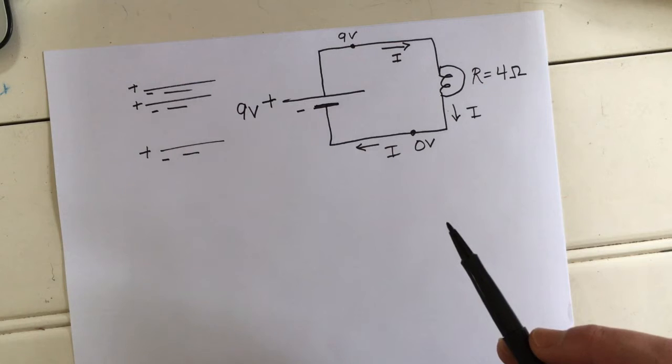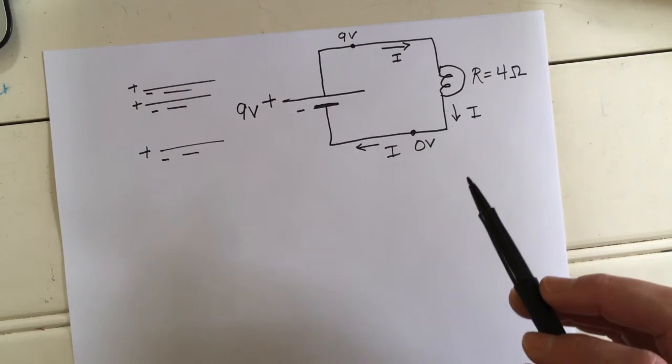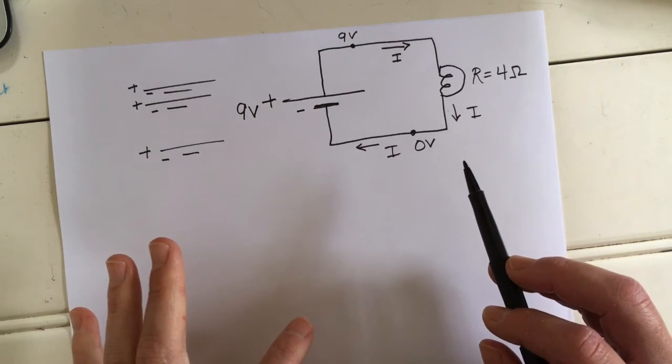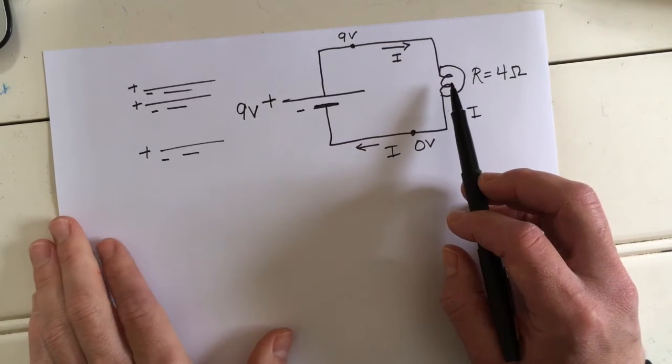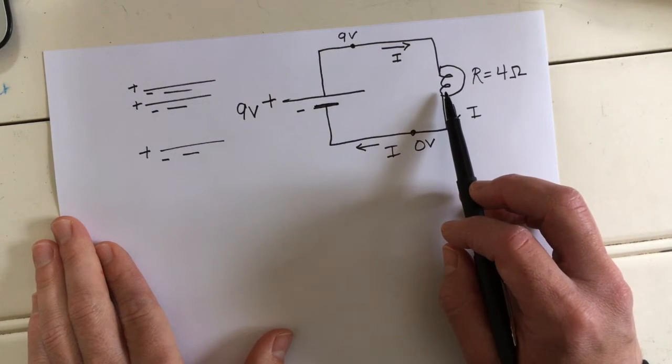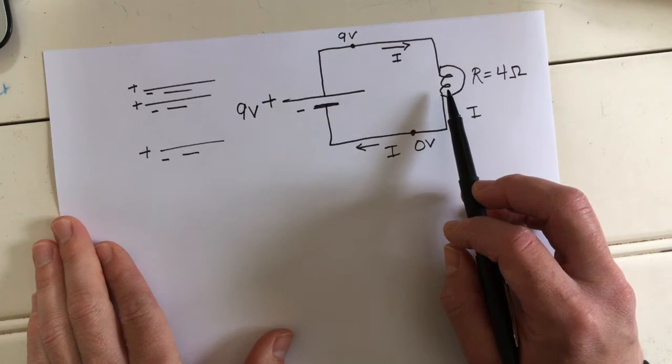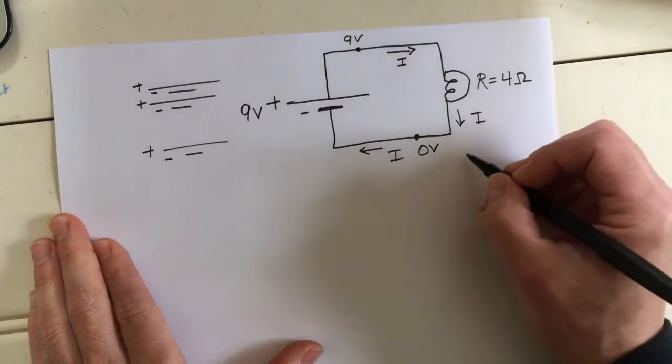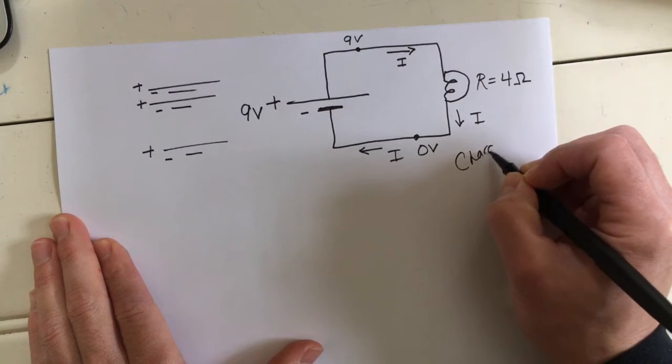A couple things are true there. One is that the charge isn't spent at the bulb, right? I think we talked about that last time: conservation of charge. Maybe make a note of that.